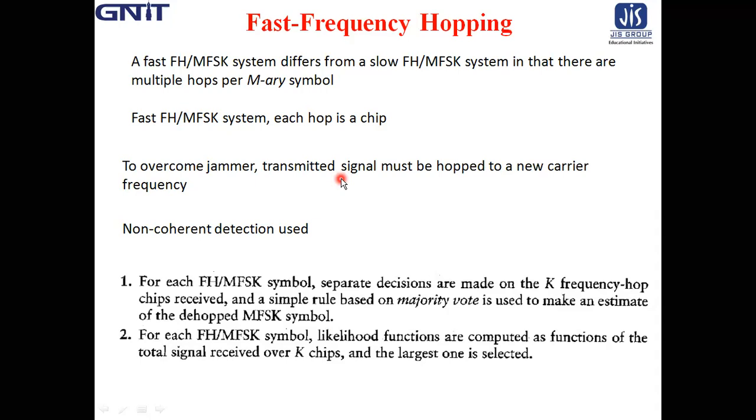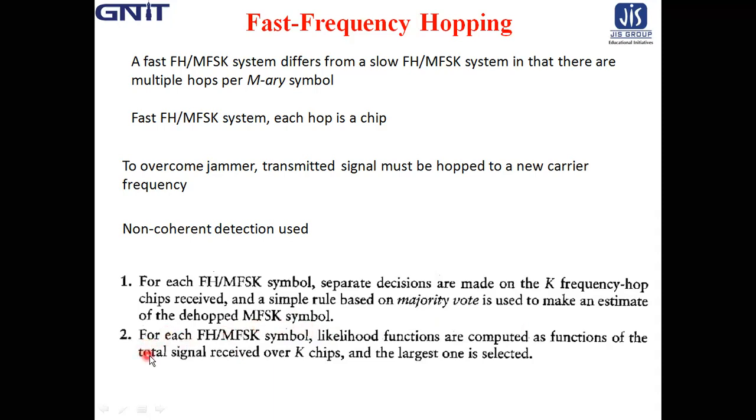For each FHM FSK symbol, separate decisions are made on the K frequency hop chips received, and a simple rule based on majority vote is used to make an estimate of the de-hopped MFSK symbol.